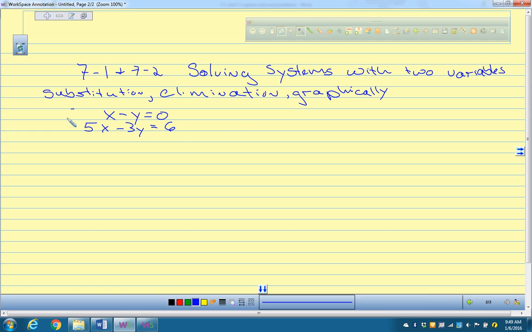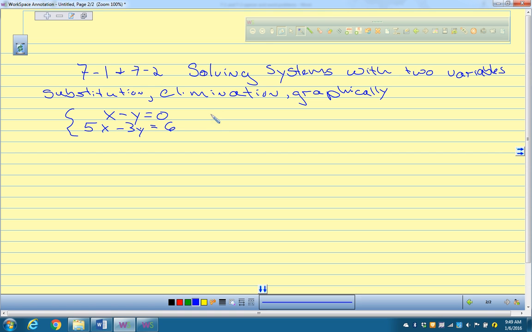And usually with a system they put little brackets. And when you're finding a solution, you're really finding out what values for x and y make both of those equations true, and also, if these are linear systems, where do those things intersect, right?